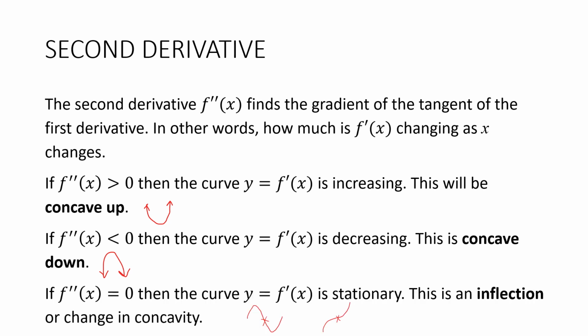And if f''(x) is equal to 0, then the curve y = f'(x) is stationary. This is an inflection or a change in concavity. We can get just a simple change like this going from concave down to concave up, or we can get one of those stationary inflections that I was talking about before.